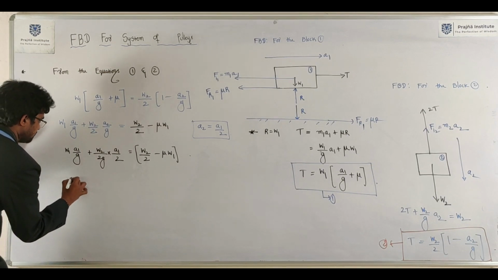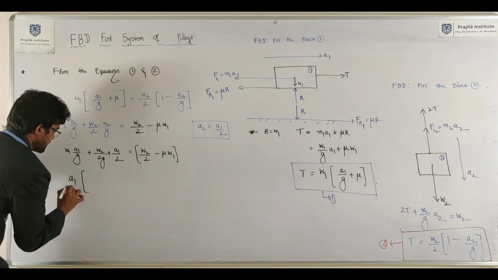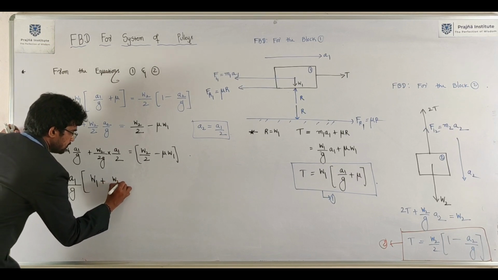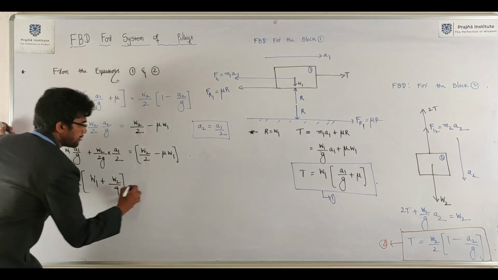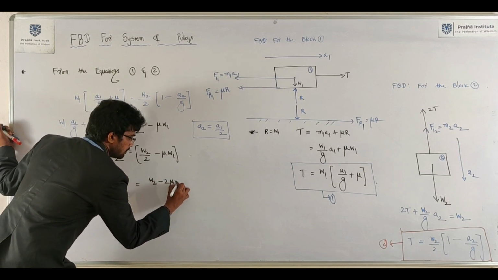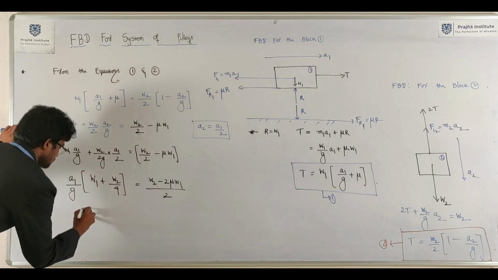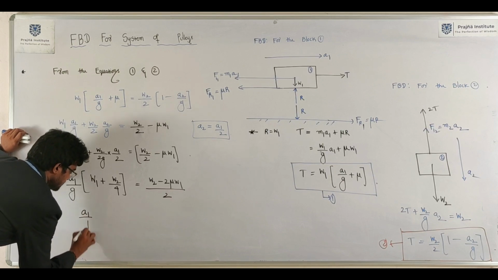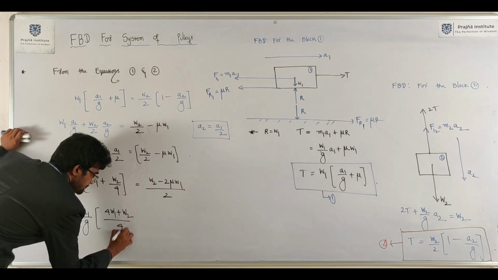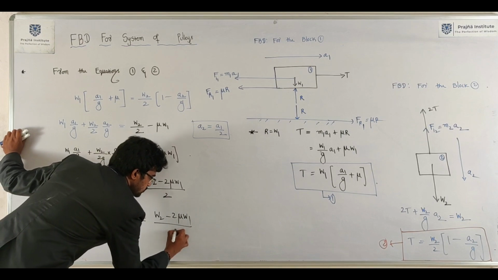So what will you get? a1 by g taken common: W1 plus W2 by 4 equals W2 minus 2 mu W1 by 2. Here a1 by g into 4 W1 plus W2 by 4 equals W2 minus 2 mu W1 by 2.